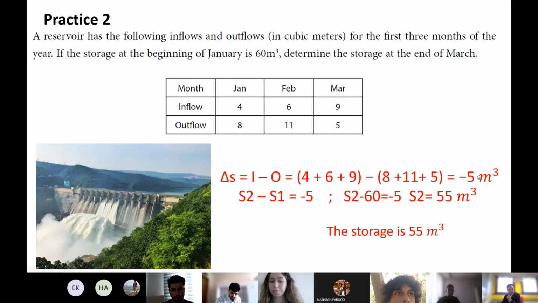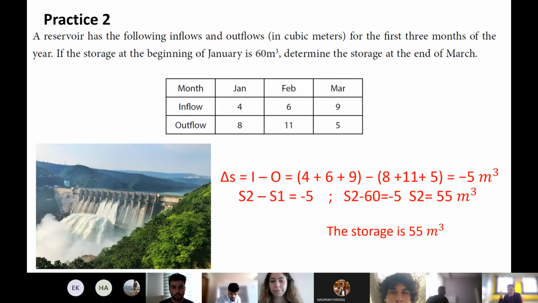And we found it is minus 5 cubic meters. Therefore, S2 minus 60, the storage at the beginning, equals minus 5. And S2 is 55 cubic meters. It means that the volume of water in your reservoir after 3 months is 55 cubic meters. Now, easy, yes? It's really easy.